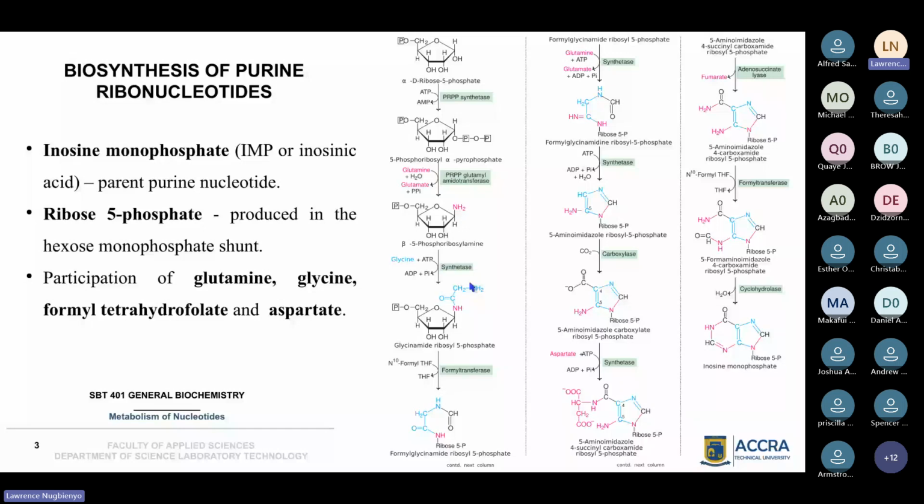And then we also see glycine is blue, and so that's the glycine molecule that is binding onto the amine group that was first conjugated on the sugar, shown in blue. So the bonding is happening on the carboxylic acid group of the glycine which is coming in.